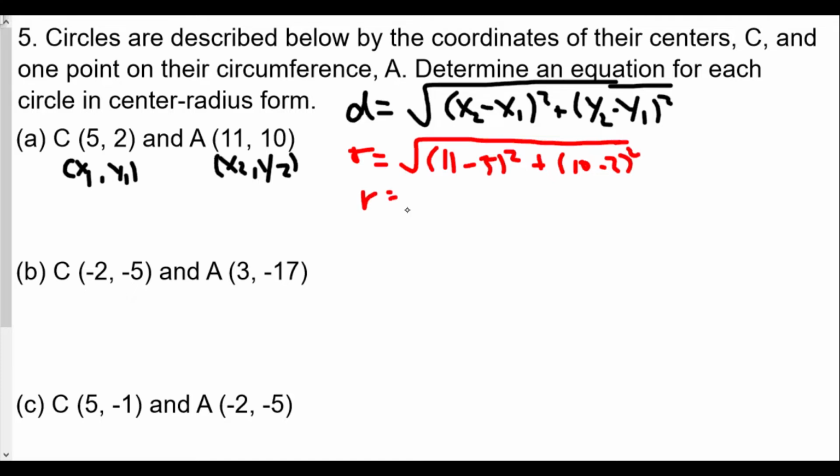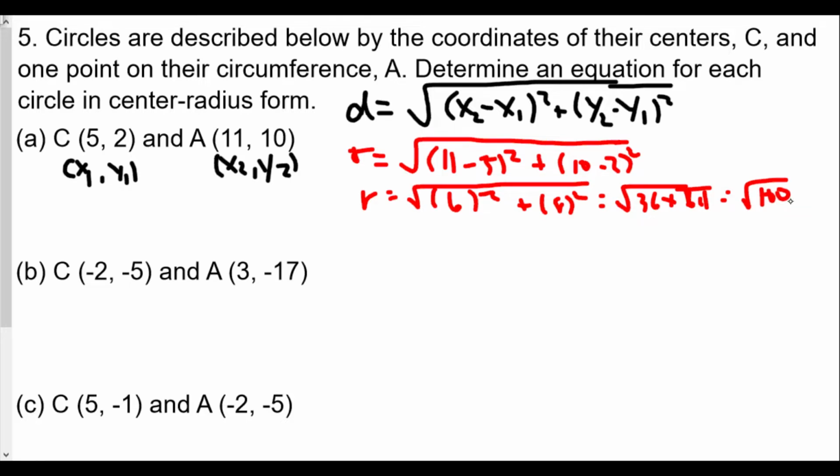So our R value is going to be the square root of 6 squared plus 8 squared, the square root of 36 plus 64, the square root of 100.